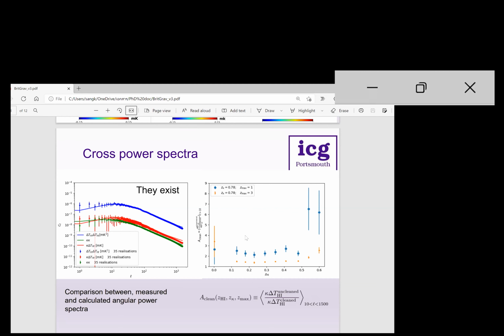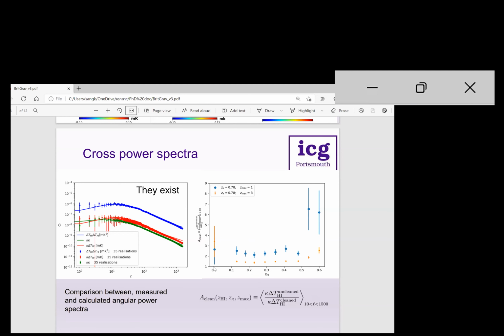And the red line, can you see the red line? The right hand side shows the ratio between the average amplitude of the unclean and clean signal.